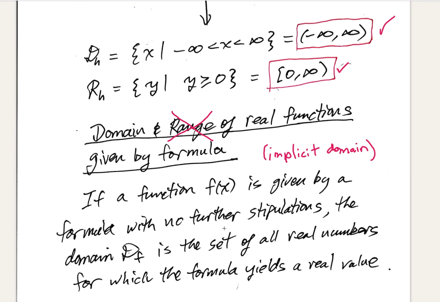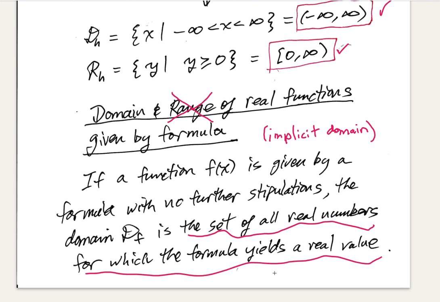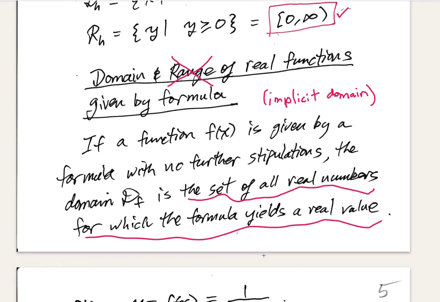If a function f of x is given by a formula with no further stipulations, so you don't restrict the x value or whatever the independent variable is, the domain D of f is the set of all real numbers for which the formula yields a real value. Some people would say which makes sense in the real numbers. But essentially this is saying the formula has to yield a real value.